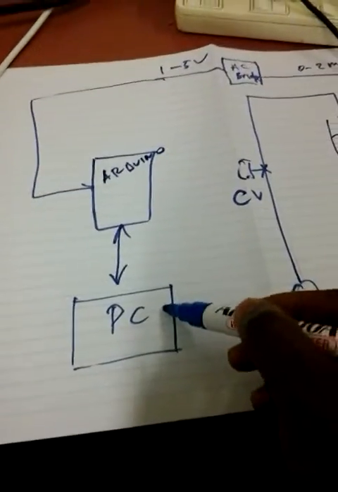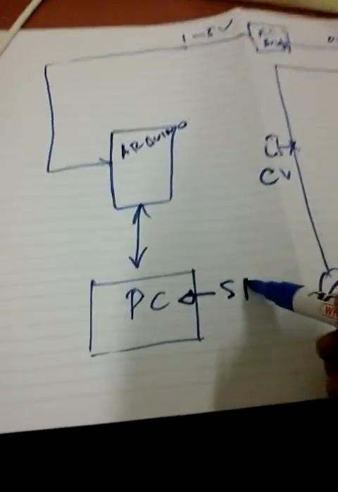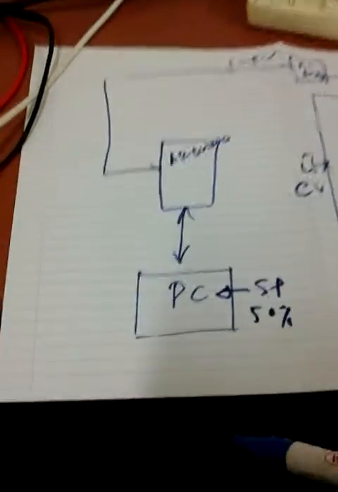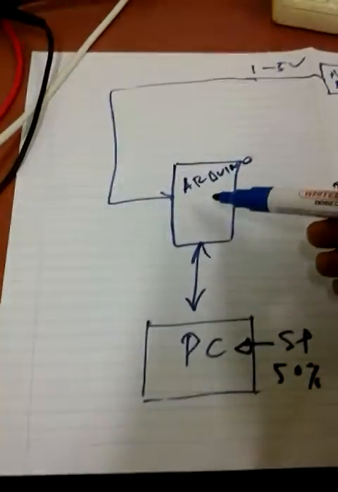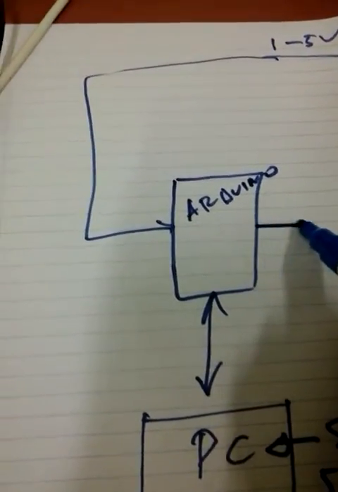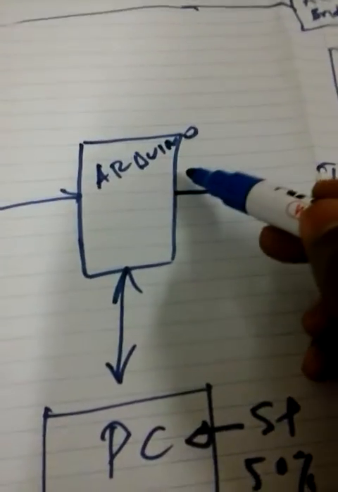Then the controller will communicate to the PC. It is in the PC where you're going to put your set point of 50%, for example. Then the PC is going to talk back to the controller, and the controller will give you an output. I'm putting this as 1 to 5 volts.